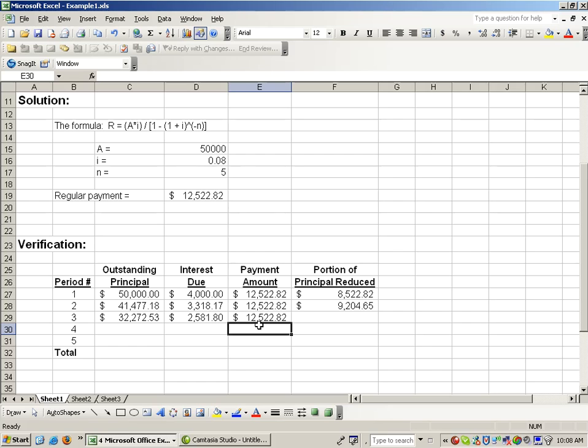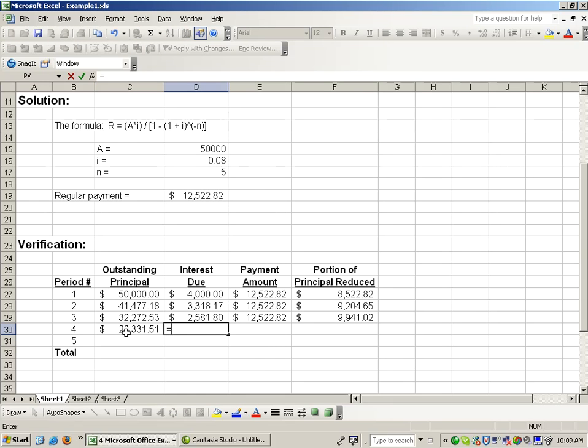Okay, there's the payment. And part of that payment is the $2,500, and the rest of it is principal. Okay. And keep going. So take this minus that.